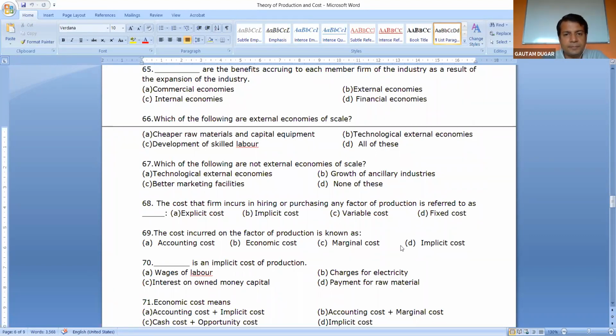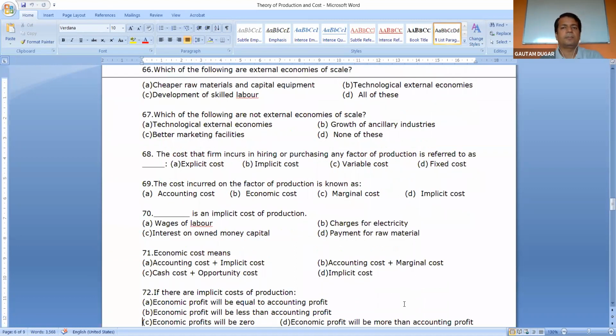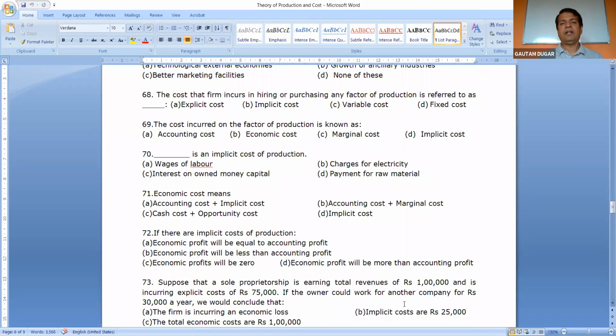69. The cost incurred on the factor of production is called what? Accounting cost, economic cost, marginal cost, the implicit cost. So obviously, when in MCQs you are stuck, you first use your lifeline of 50-50, that is, which two options cannot be right.